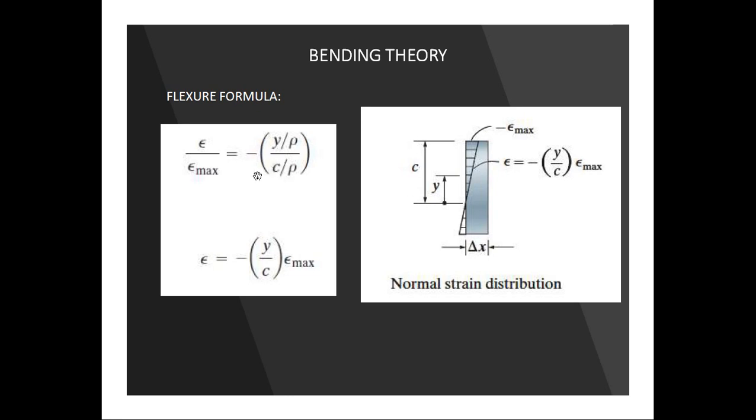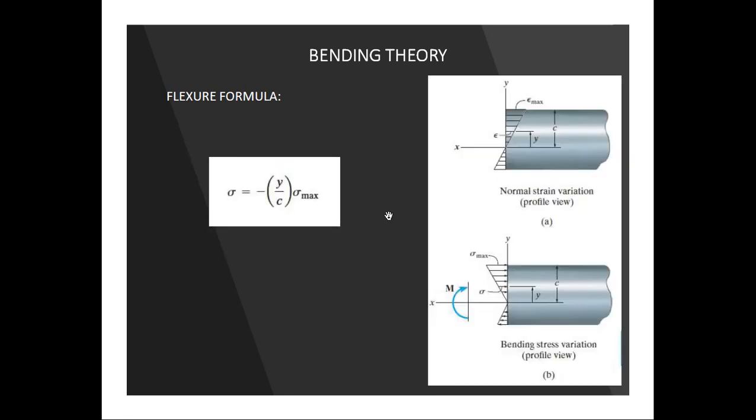This is epsilon max and this is epsilon at a particular point. So you can take a ratio, and if you know the maximum strain, you can directly calculate the value at any point in the cross section. So let's move further.